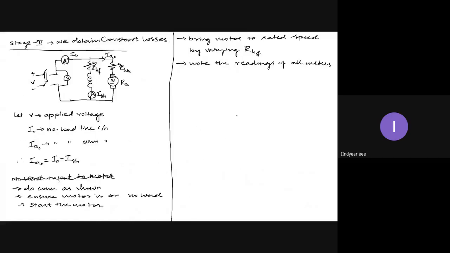Very, very simple experiment. Fortunate is the one who will get this in the external exam. Unfortunately, many people could not do this experiment in many of the batches because of connections.